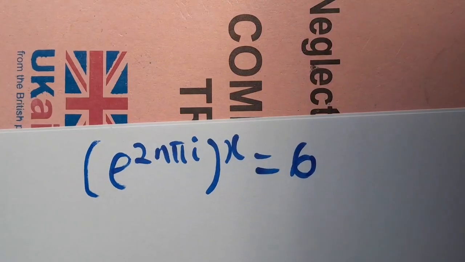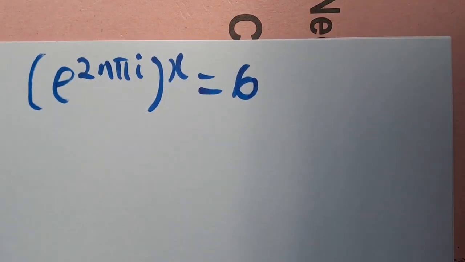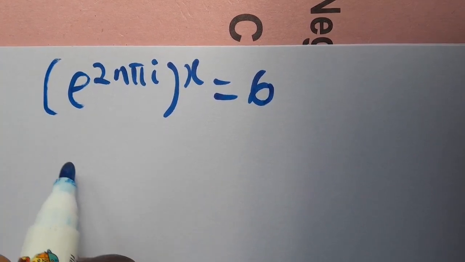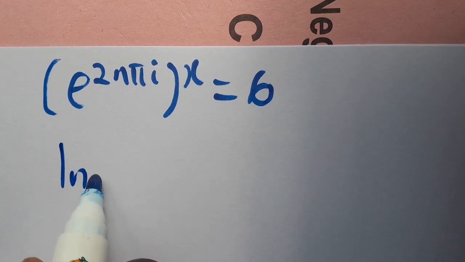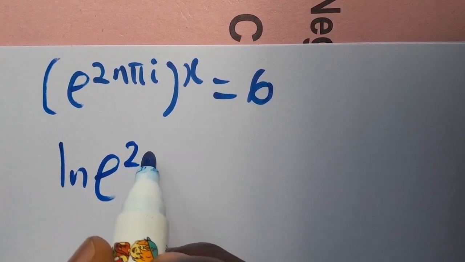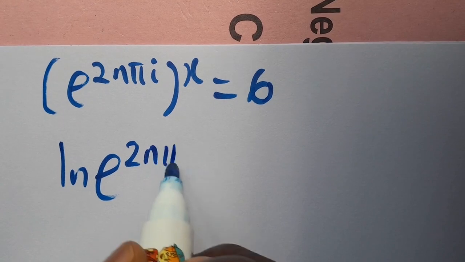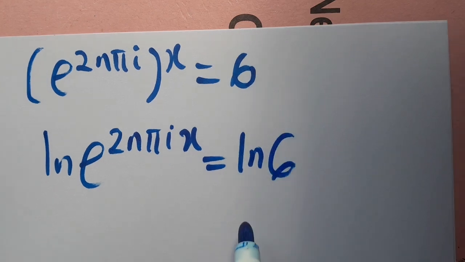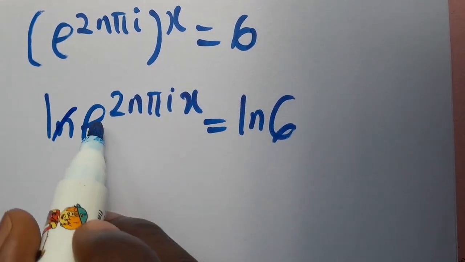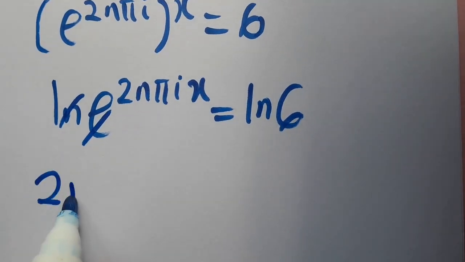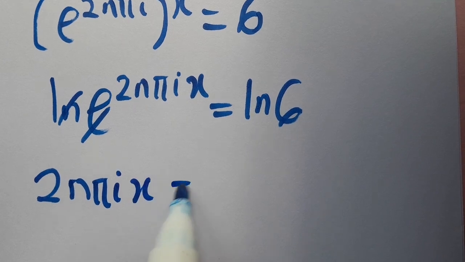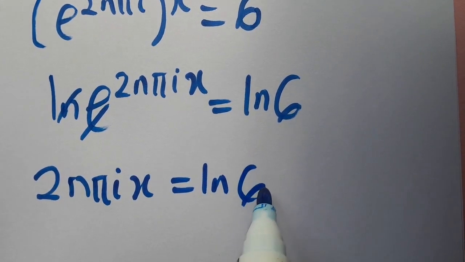Again, let us introduce natural log to both sides. We have ln of e to the power of 2n pi i x equals ln of 6. This will cancel this. We have 2n pi i x equals ln of 6.